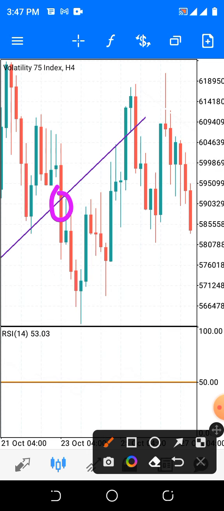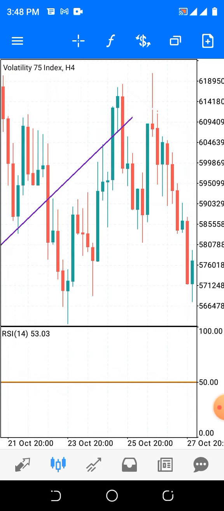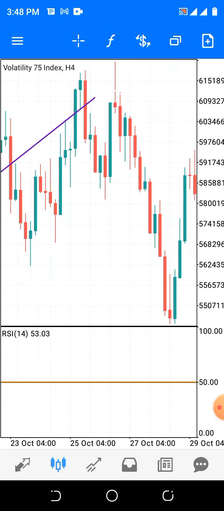Once you notice the crossing here, you need to wait until it bounces back to the trend line. Once it bounces back to this trend line and it reverses again, that is a clear reversal trend. Now you wait.